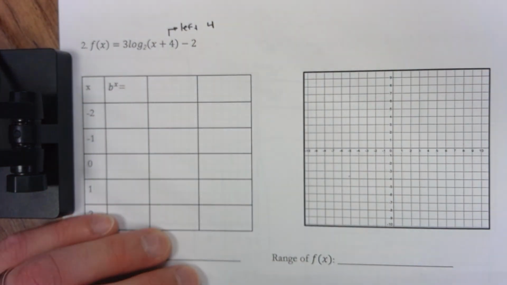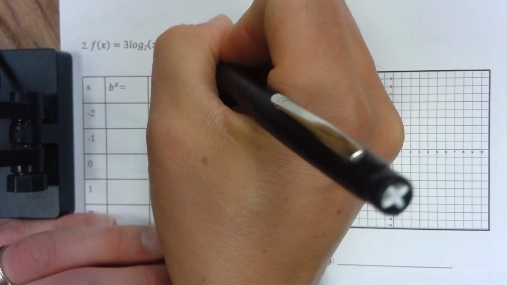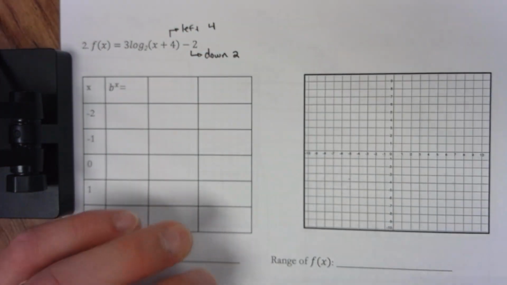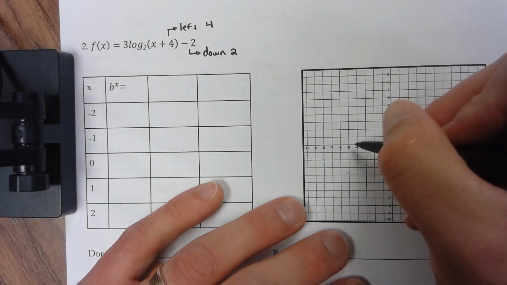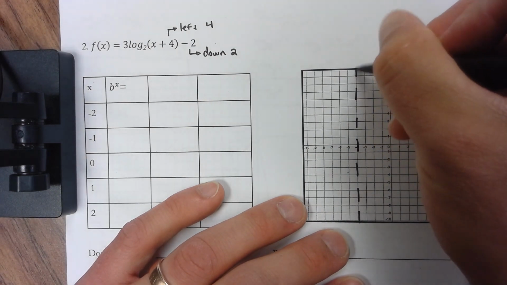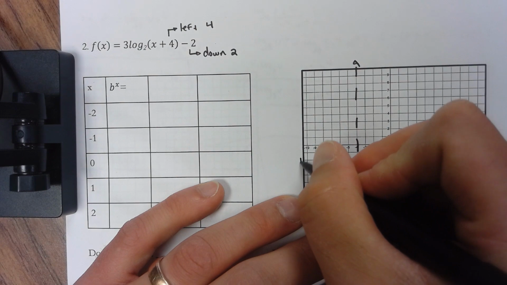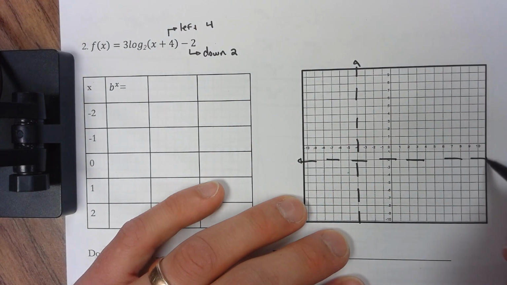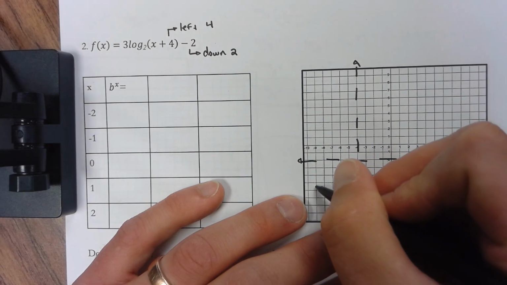Remember, that's always an opposite sign. Then everything also gets shifted down 2. While we're at it, we might as well draw our new axes. And this is our new origin.